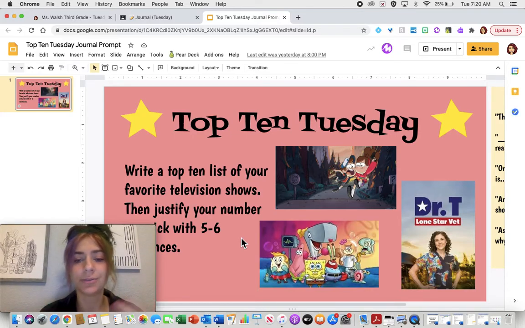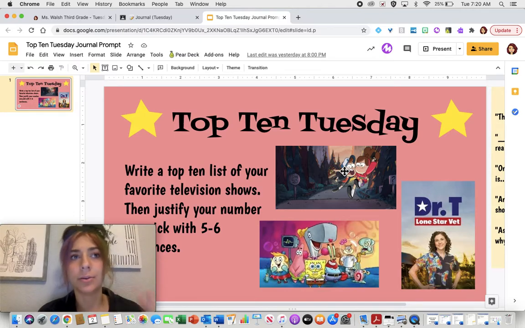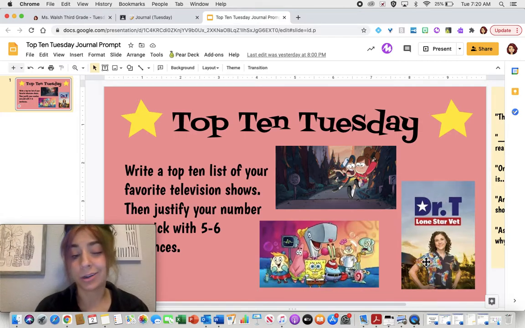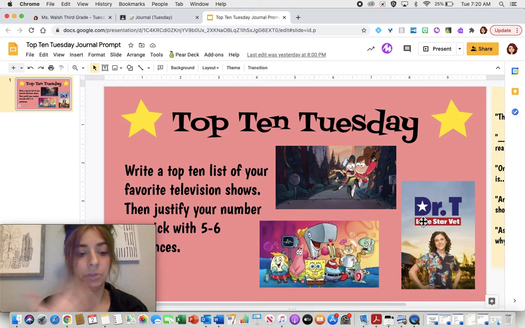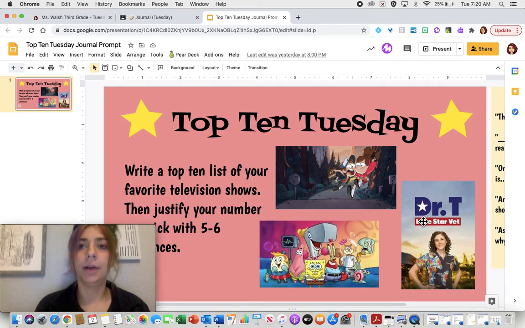Miss Walsh gave you some ideas here: Gravity Falls, SpongeBob. For my friends who maybe don't like cartoons as much, they prefer real life, reality, I guess you could say. Dr. T, Lone Star Vet.